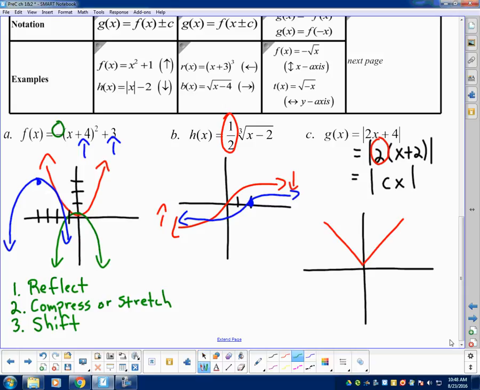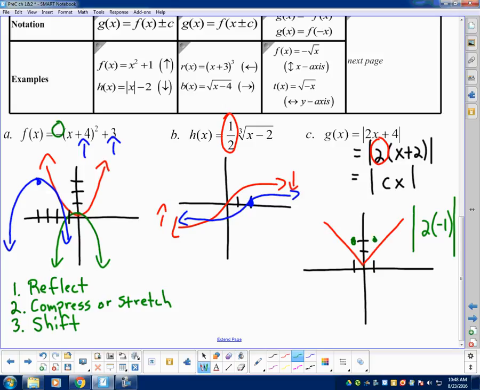If you plugged in negative 1 to the graph here and compare it, so if we have absolute value of 2 times negative 1, my output would actually be 2. So at negative 1, I'm already 2 up, and you'll see that that will give it the effect of horizontally compressing it by half. If I were to plug in a 1, I would get a positive 2.